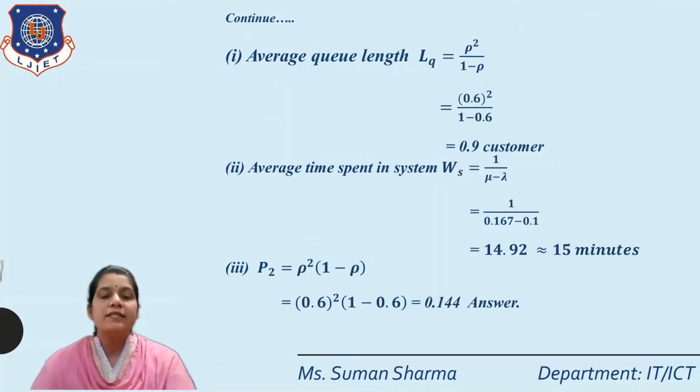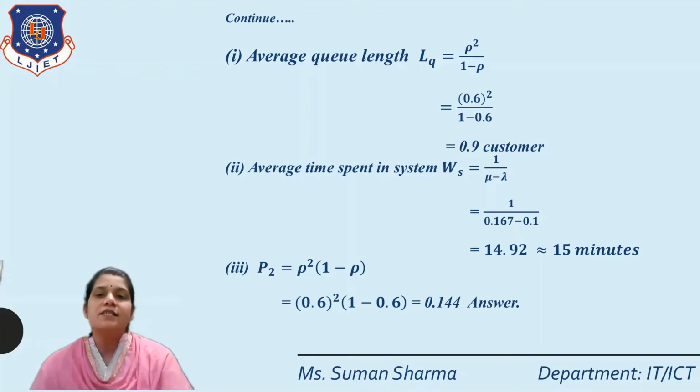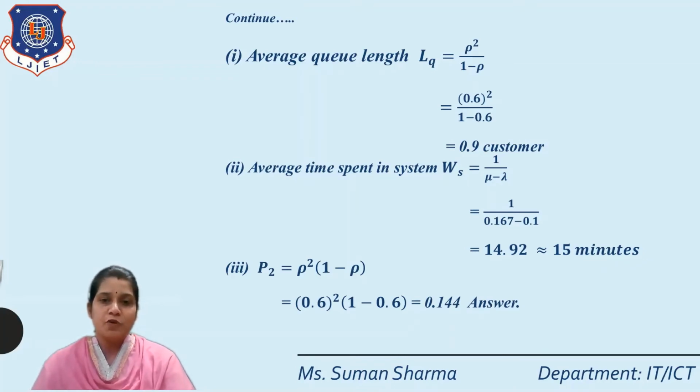Next, we find the average queue length. Average queue length Lq is equal to rho square divided by 1 minus rho. The value of rho is 6 by 10, that means 0.6.